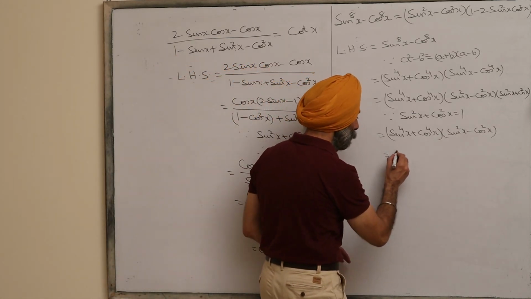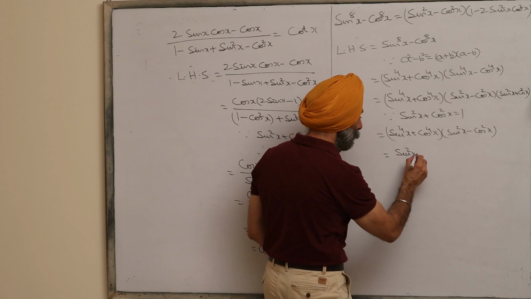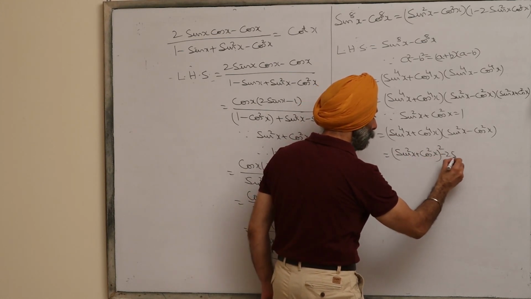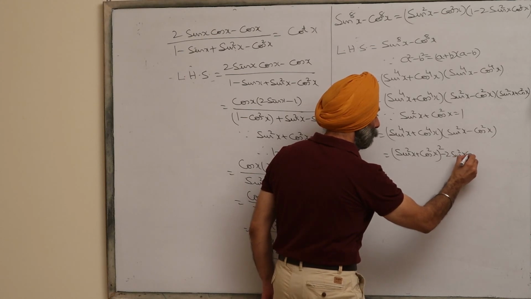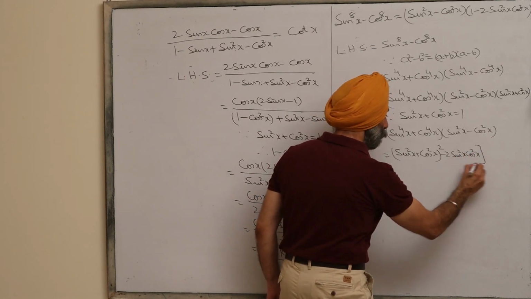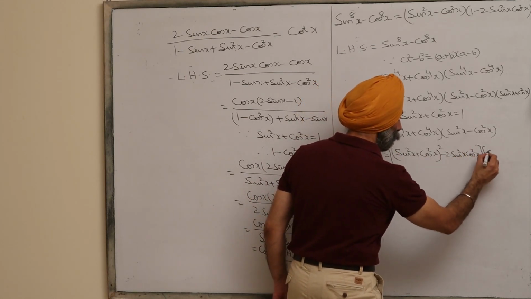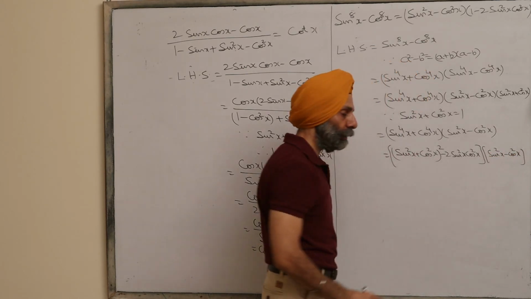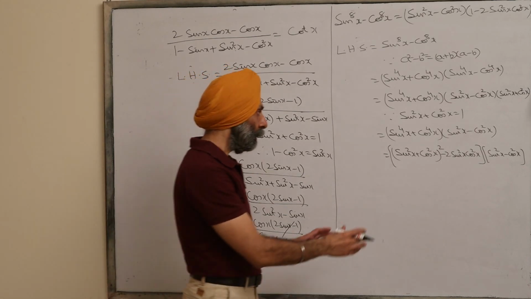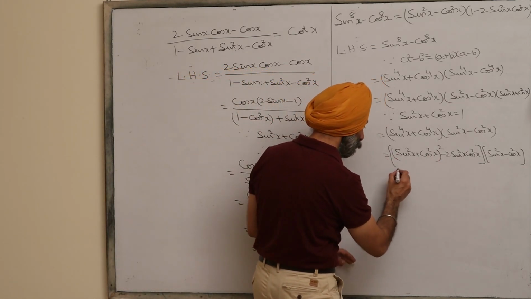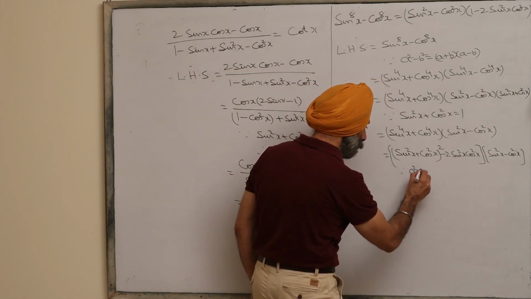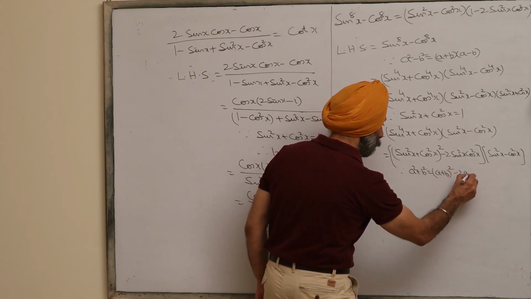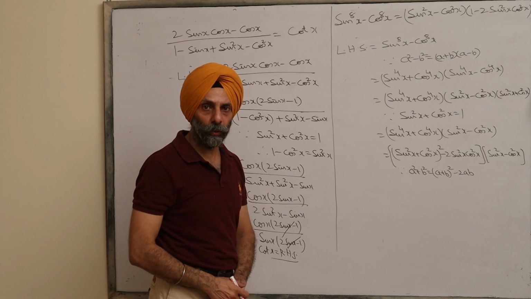Now, can this be written as sin square x plus cos square x whole square minus 2 times sin square x into cos square x into sin square x minus cos square x? So how we are using this? Because a square plus b square can always be written as a plus b whole square minus 2ab.